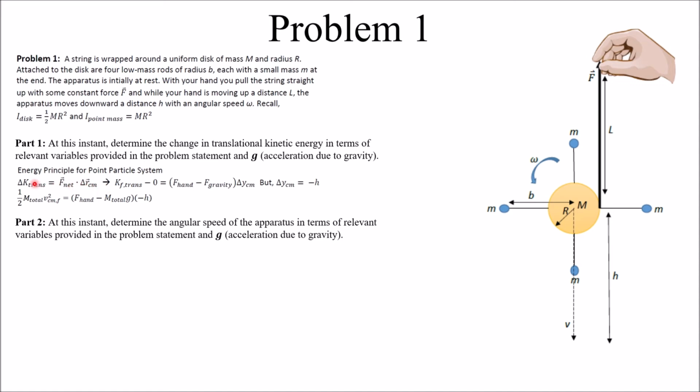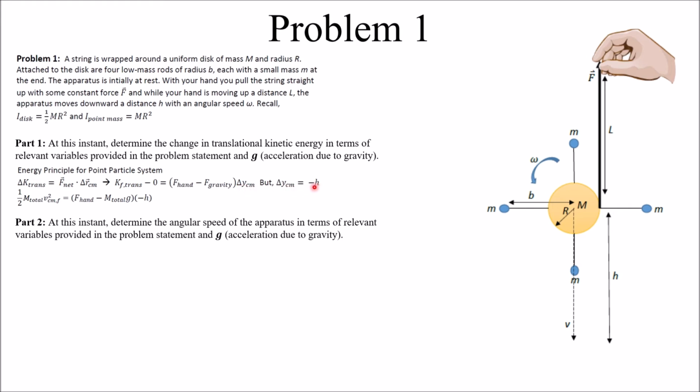And so we know that we have a final amount of kinetic energy, but the initial kinetic energy is 0. It's not moving initially. And the net force, we're going to have the force of the hand upward, and then the force of gravity downward. So the hand minus the force of gravity times, we're going to have delta y cm here for the displacement.